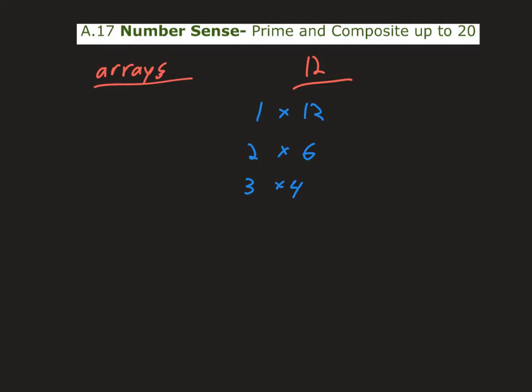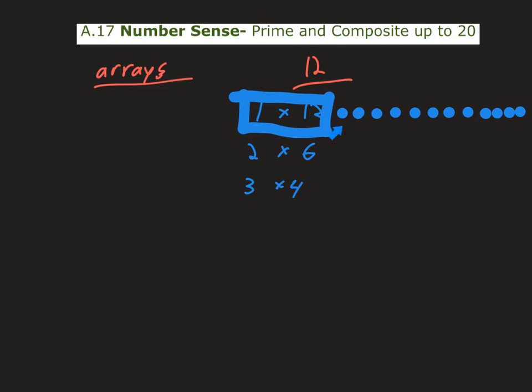So let's do this one in blue here, 1 by 12. That would be simply 1, 2, 3, 4, 5, 6, 7, 8, 9, 10, 11, 12. Now I've got 12 different dots in a row of 1.